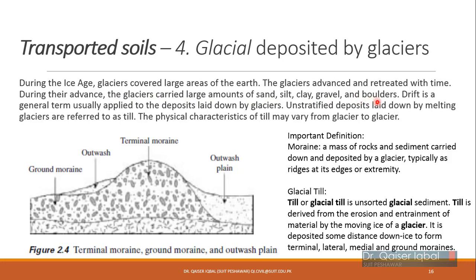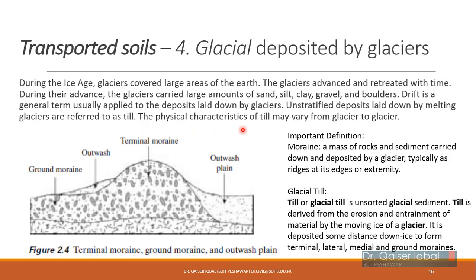When they were moving downward, they carried a lot of soil transported to the lower lying areas, which is known as glacial drift. Drift is a term usually applied to the deposit laid down by glaciers. So the large pieces of ice move down and take a lot of soil with them, and then the ice basically dissolves into water flow and leaves the soil in the lower lying area.